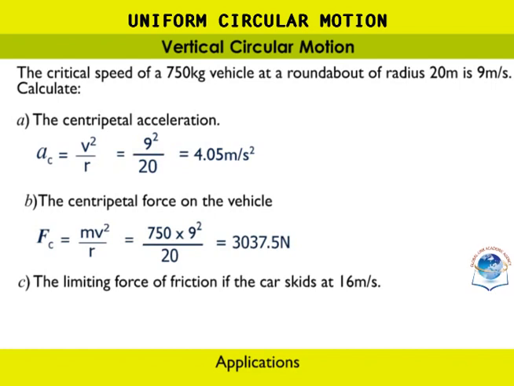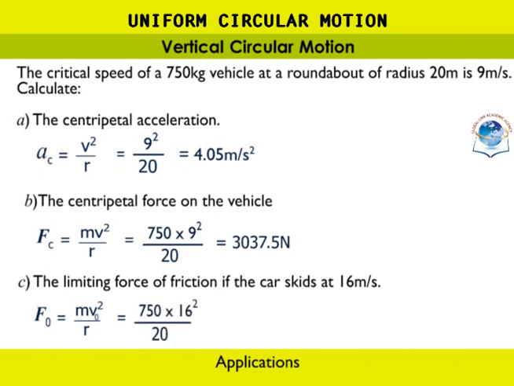And finally C. The limiting friction is equal to the centripetal force, and so F naught is equal to mv naught squared over r, that is 750 times 16 squared over 20, giving us 9,600 newtons.